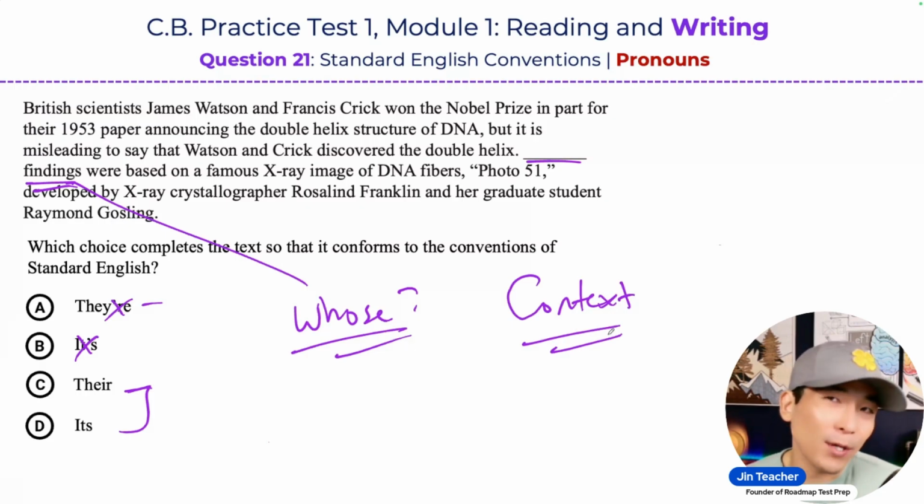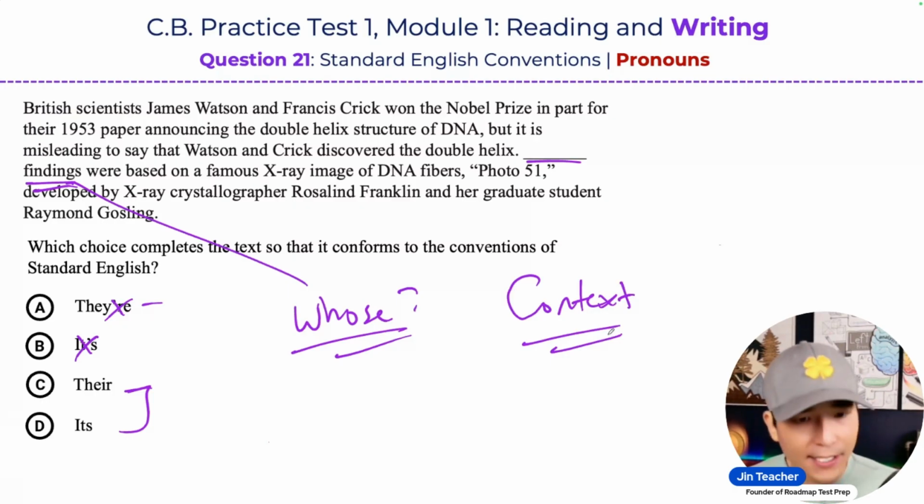So when you're trying to figure out which pronouns to use, right, this is the strategy that I use always. You can read the passage, you can read it again if you need to, but then you just want to ask yourself, right, well, based on what I read in this passage, based on my understanding of the context, right, whose findings is this referring to? Okay, and so if you think about it, well, whose findings is it referring to?